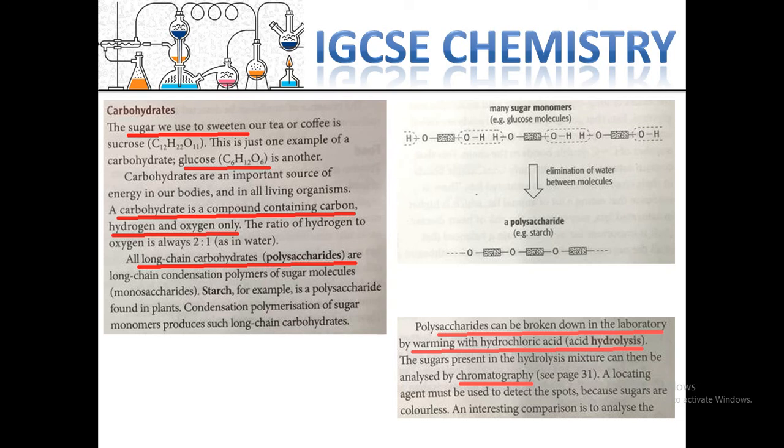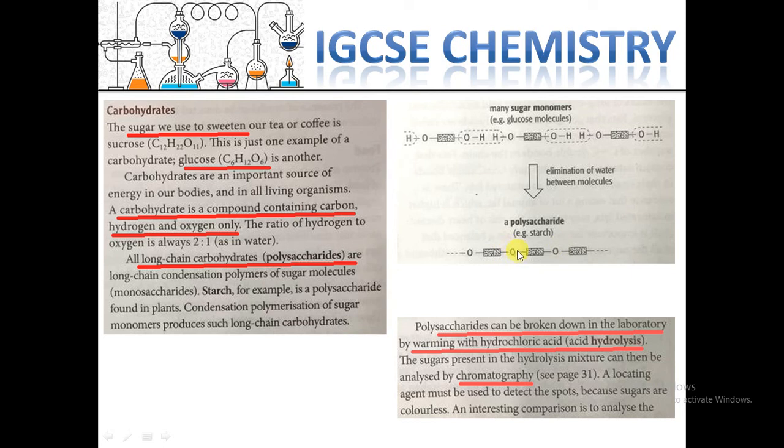One OH from one monomer can join with one hydrogen from another hydroxyl group to form water. So the rest after the reaction, any polysaccharide, will have oxygen.